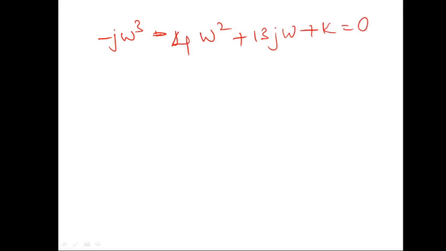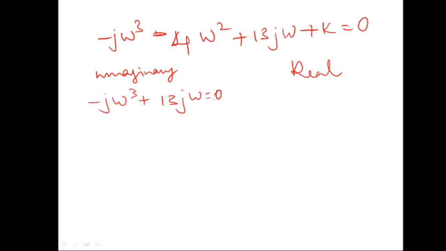Let us take the imaginary part on one side and the real part on the other. Imaginary: minus j omega cube plus 13 j omega equal to 0. Real: minus 4 omega square plus k equal to 0.